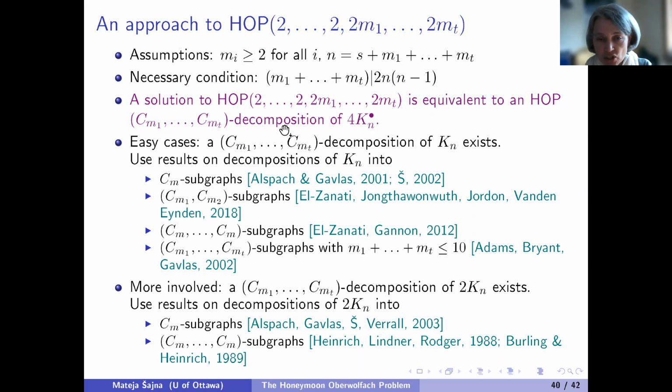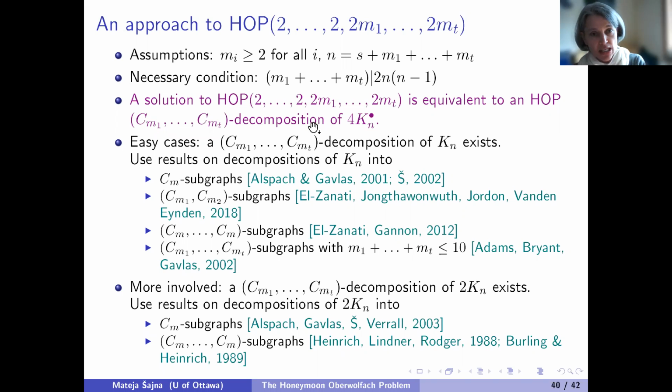So a decomposition into 2 regular subgraphs of specified types consisting of disjoint M1 cycle through MT cycle. And because we're looking for this decomposition, we have a necessary condition that the number of edges in each of these 2 regular subgraphs divides the number of edges in the 4-fold complete graph.